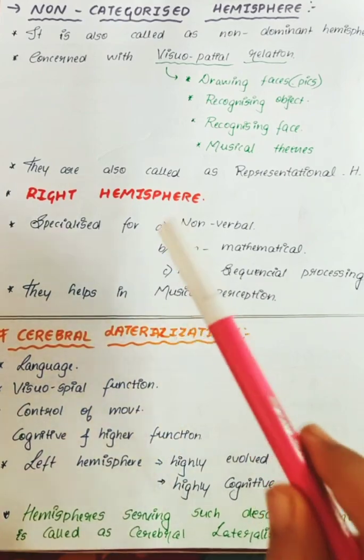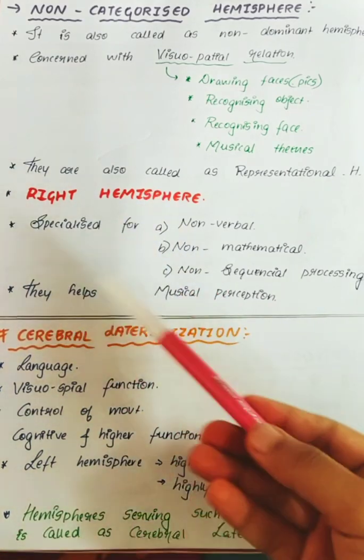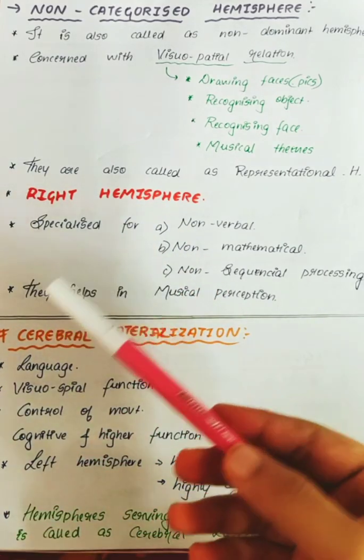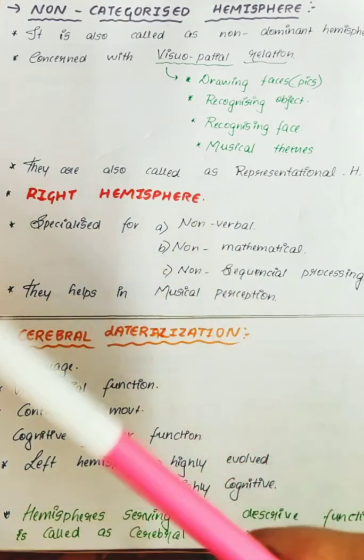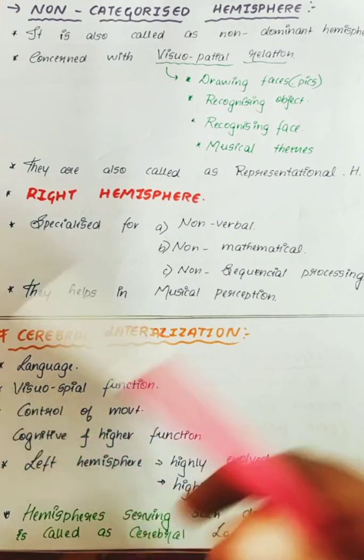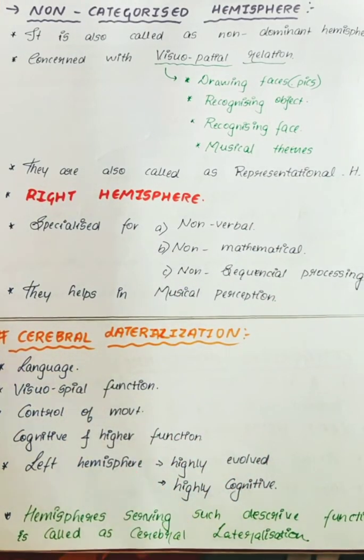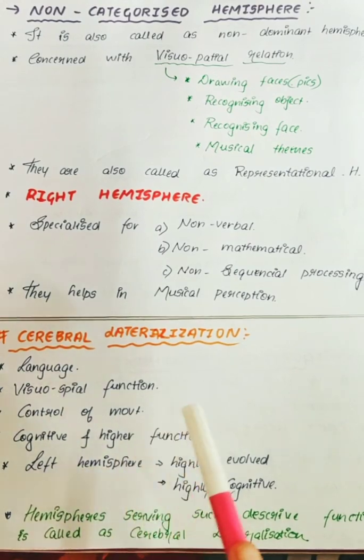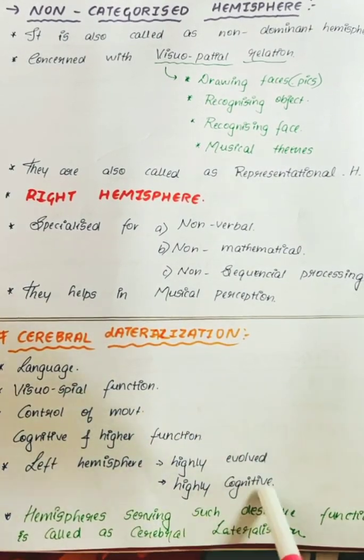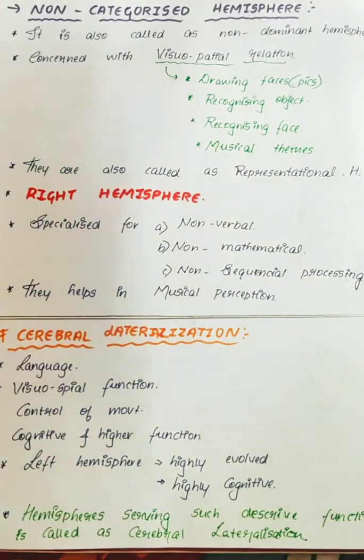Here the person is able to identify language and all the visuospatial functions. It helps in controlling the movement of your body, posture, equilibrium, cognitive function, awareness function, and some higher order functions. The left hemisphere is highly evolved and highly cognitive compared to the right hemisphere. You have to remember this.